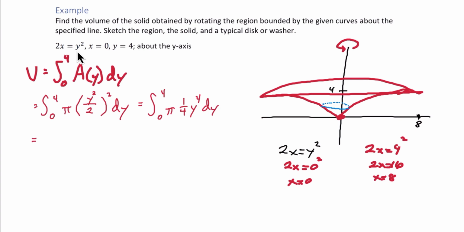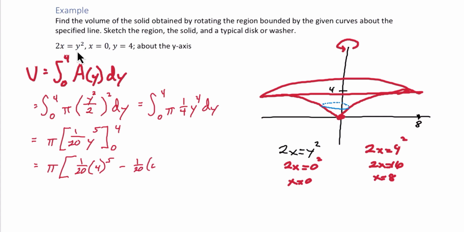Now integrating, I'll pull pi out to the side. 1 over 20 y to the 5th, and we'll evaluate from 0 to 4. We now have pi times, plug in the upper limit, and then we'll subtract the lower limit.